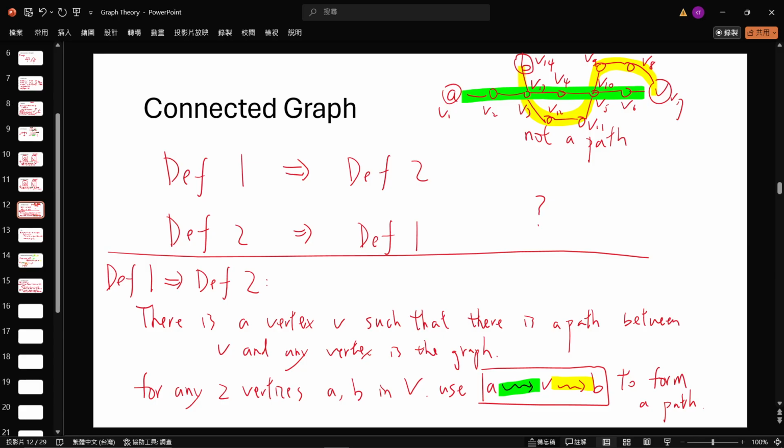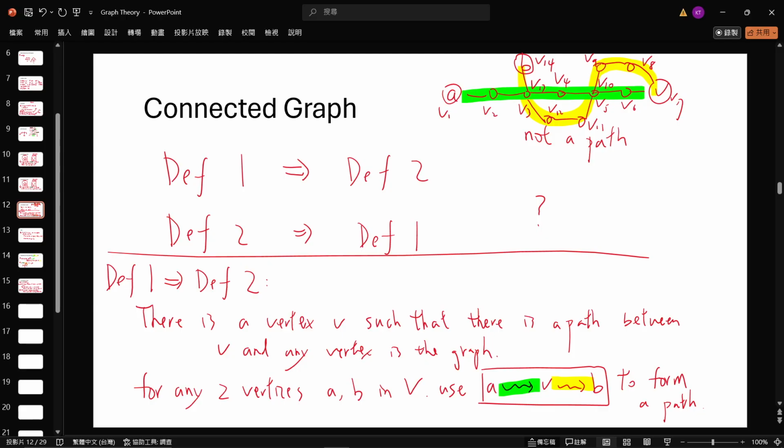So the result is that these two definitions are actually equivalent. They're the same, so you can use whatever definition you like. But as I mentioned earlier, usually the standard definition is definition 2, not definition 1.